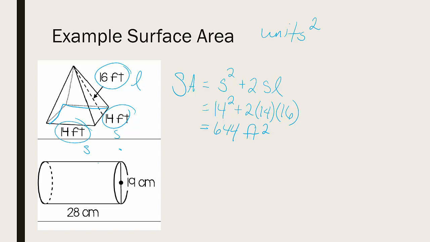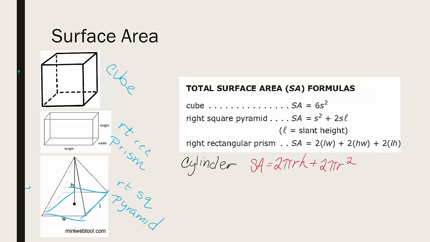So now our radius here, we're going to mark our radius. Our radius for our cylinder is 9.5 and our height is 28. So now we're going to go grab the formula for the cylinder, which is 2 pi rh plus 2 pi r squared.